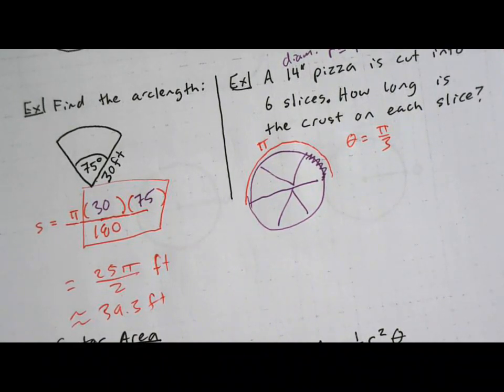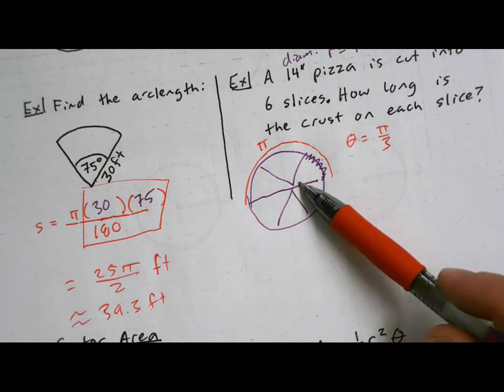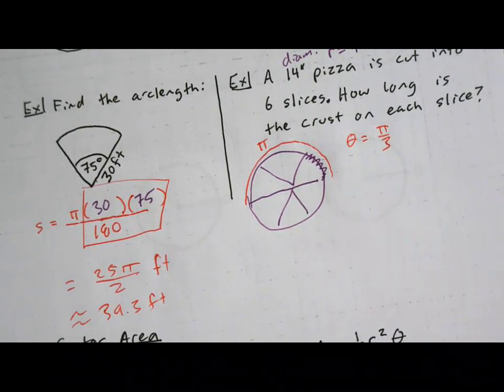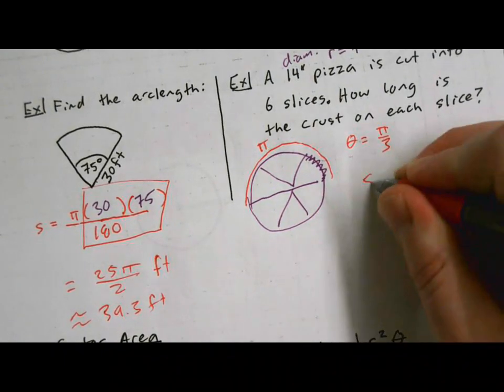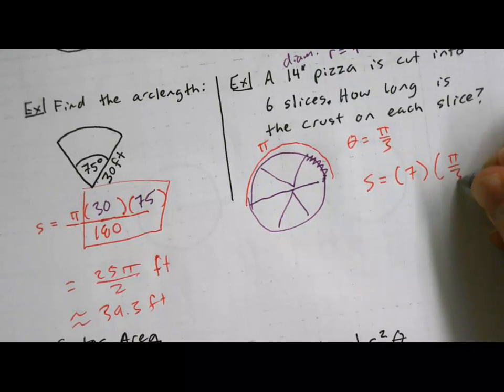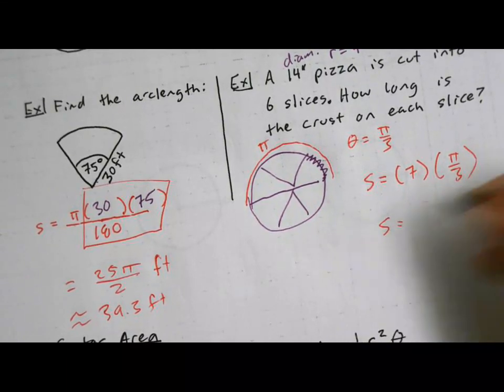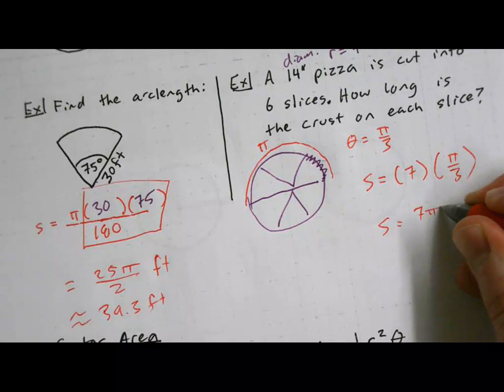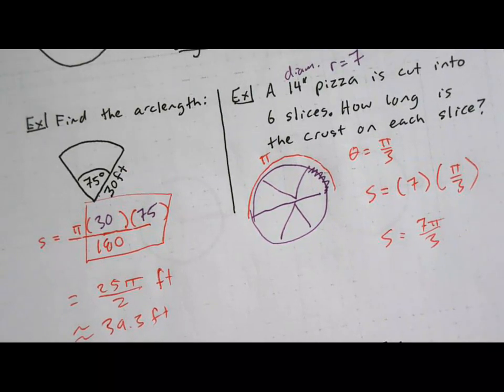How many degrees would it be? 180 divided by 3 is 60. We could use 60 degrees for these, but if we can do it in radians, this formula becomes way simpler because it's just S equals R, which is 7, times theta, which is pi over 3, I think that's just 7 pi over 3 inches.